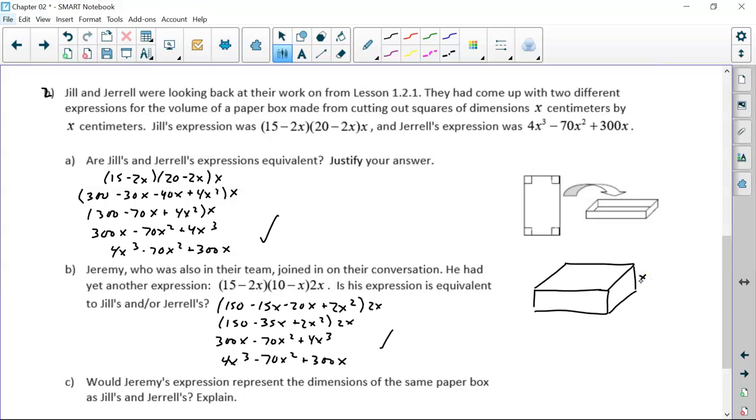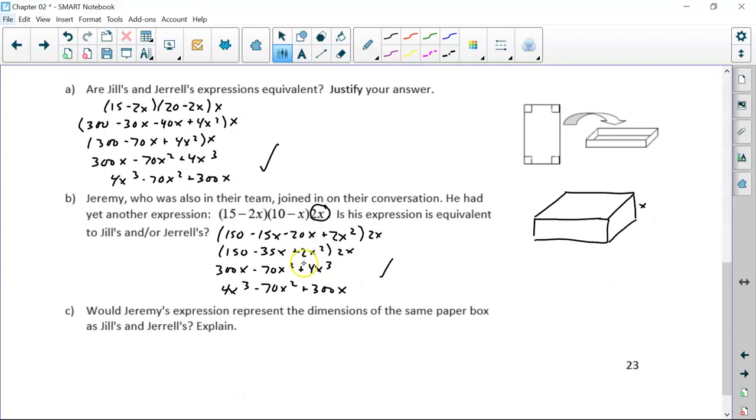Because of that, Jeremy's box height would be 2x, so it wouldn't be equivalent. They would have different heights. Now, there might be a case in one spot where it is equivalent, but for the most part, they would not be equivalent because of the different heights.